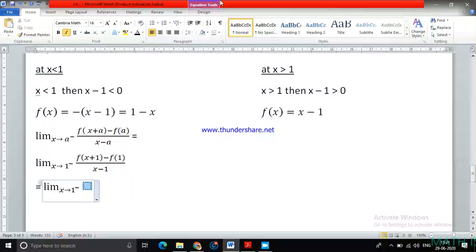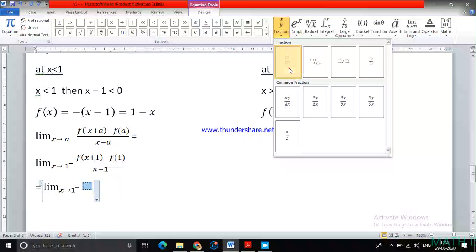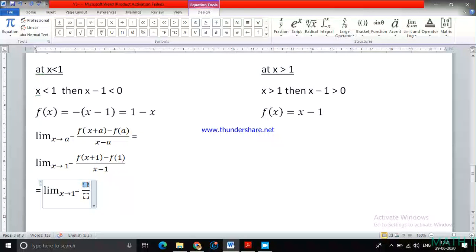Now here, what do you get? This is an important step. f of x plus 1. I know f of x is 1 minus x. But here you have x plus 1. So in place of x, I have to replace it as x plus 1.